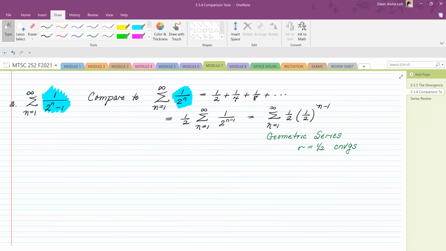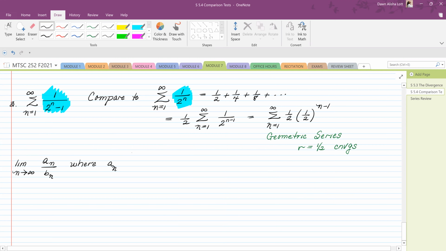So then I'm going to take the limit as n approaches infinity of an over bn, where an is 1 over 2 to the n minus 1, and bn is 1 over 2 to the n.